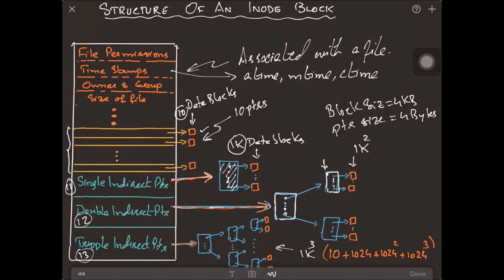So you sum up these values and this much data blocks, and if a data block is of 4 KB, you multiply it with 4 KB.